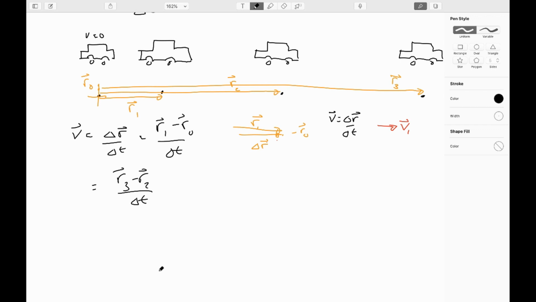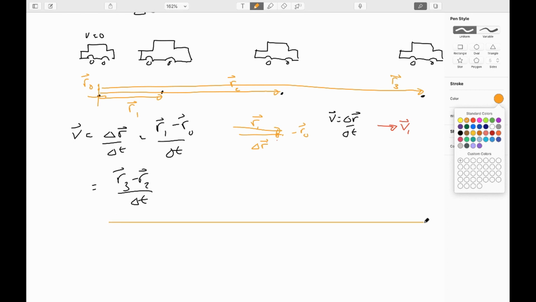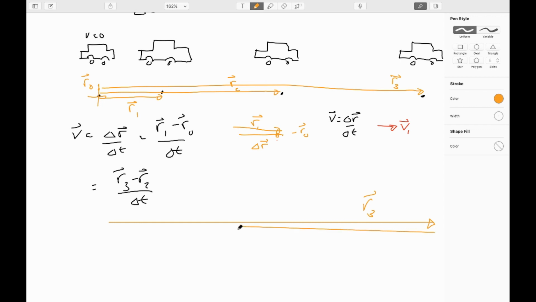So let's see what that's going to look like for us. So I'm going to go ahead and draw our R3. Holy cat, that's a long one. And then we will add to it negative R2.